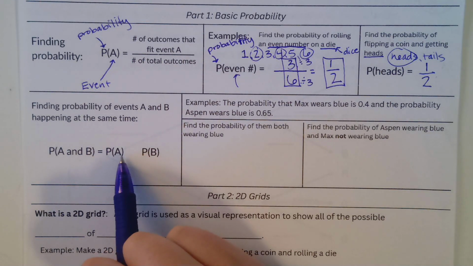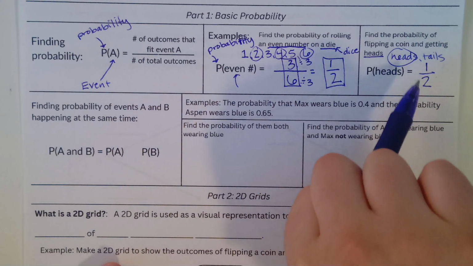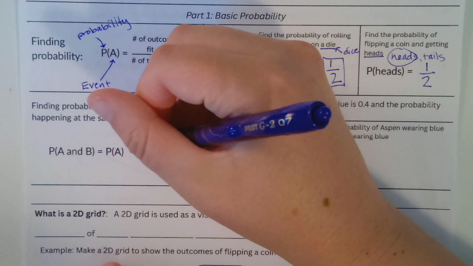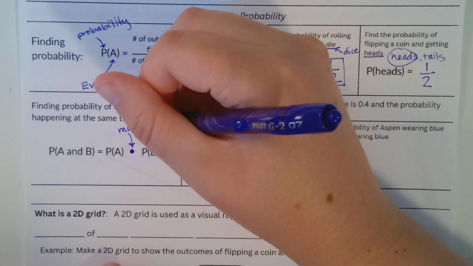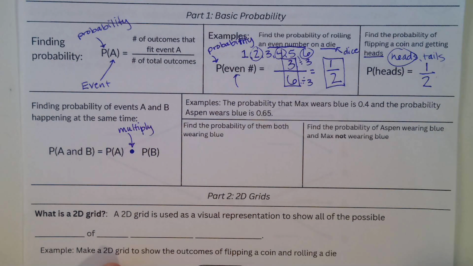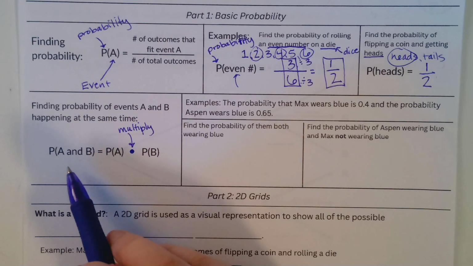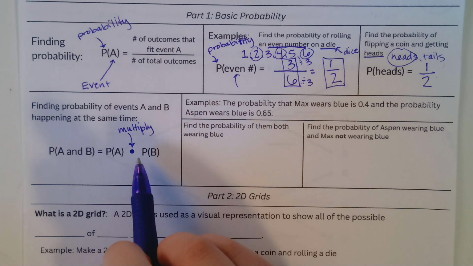So the probability of you getting an even number on something, like we did up here, and the probability of you flipping and getting a heads, and just multiplying those together. Multiply. So to find the probability of 2 things happening at the same time, just take the 2 individual probabilities and multiply them together, and that's going to be the answer.